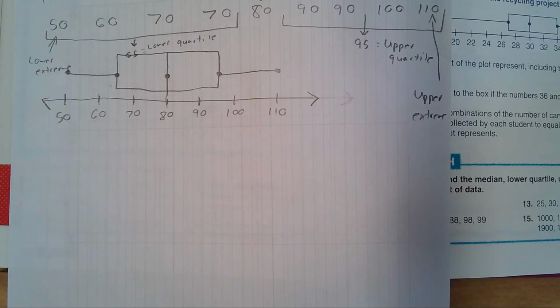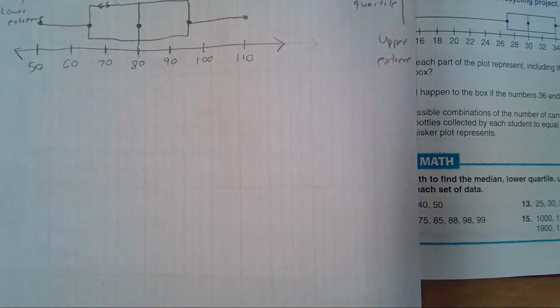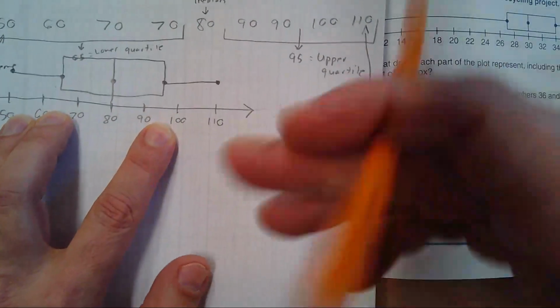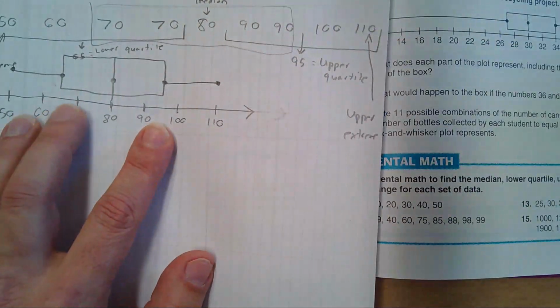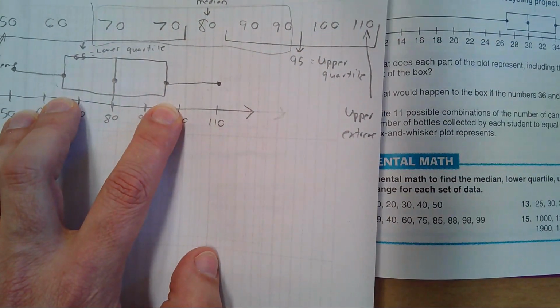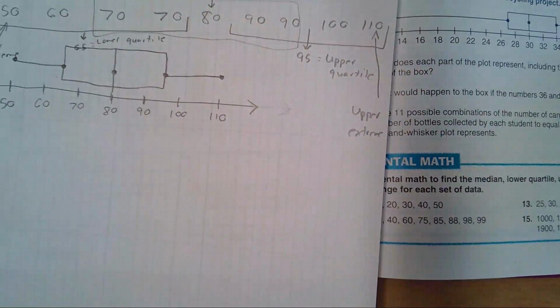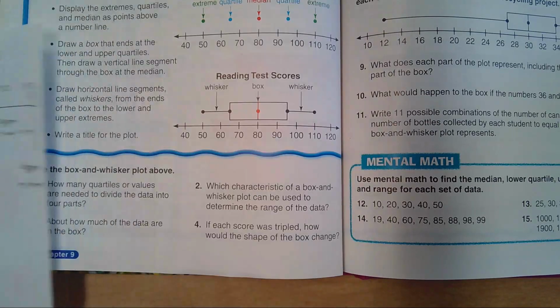Anybody? Nobody has any idea what this is asking? About half. Half the data is inside here, the other half is outside of the boxes. 65 to 95 would be this right here. 5 of the values are inside the box. 5 of the 9 is about half the data inside the boxes. The other half is on the extremes. Right? About half. 5/9 would officially be it.